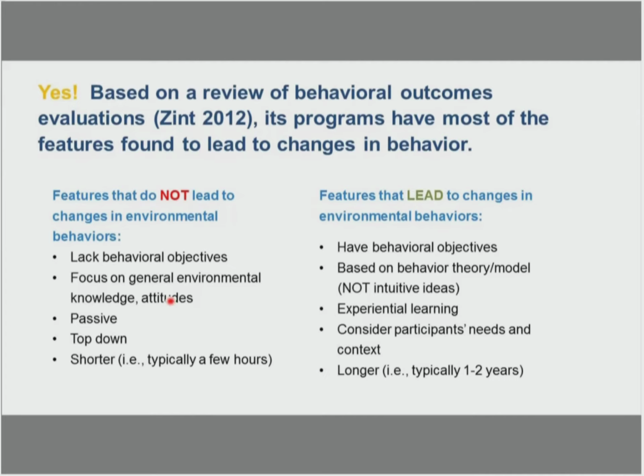If, on the other hand, they had had the features on the left side, the argument would be that conducting a program evaluation would not be what you want to do as a first step, because most likely you would have found that your programs did not change behavior, and hence you would have wasted the resources put into evaluating a program that's unlikely to have that outcome, based on what we know from past evaluations and research.